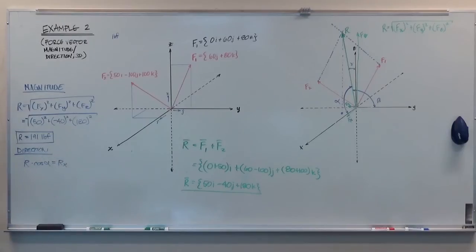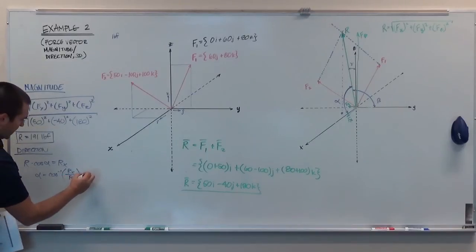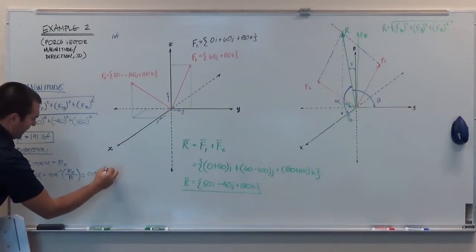I could divide both sides by r, and I could take the inverse cosine, and I would say that alpha equals the inverse cosine of the magnitude of the resultant in the x direction divided by the magnitude of the resultant overall. And we already have the magnitude of the resultant in the x direction is 50, so this equals inverse cosine of 50 divided by 191.